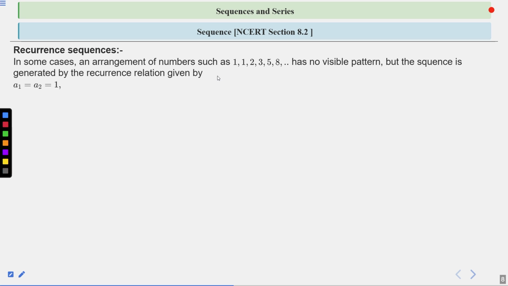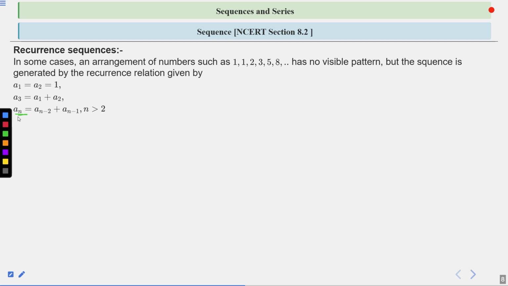In this case, we are observing that the first position term and the second position term are both 1. The third position term is nothing but the sum of the two previous terms, A1 and A2. So this is your recurrence relation, meaning your upcoming term is depending on the previous terms.